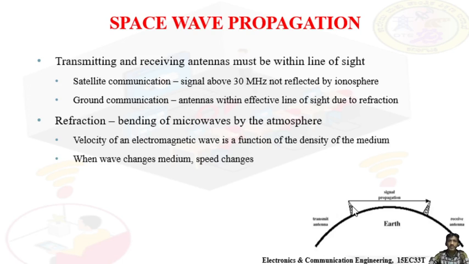We know that this is the transmitting antenna and this is the receiving antenna. We are sending the signal from the transmitting antenna to the receiving antenna. The radio signal or electromagnetic wave is refracted or bent due to the atmosphere. The velocity of the electromagnetic wave is a function of the density of the medium.